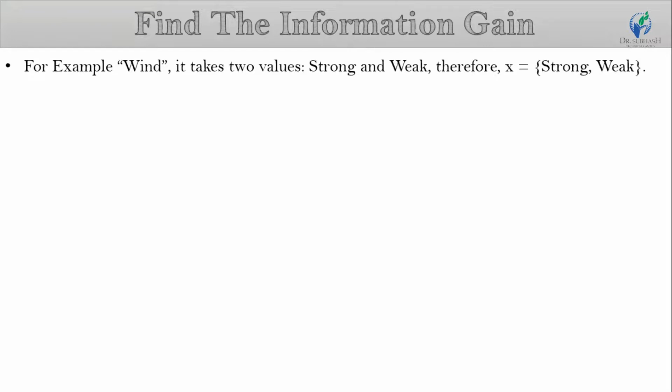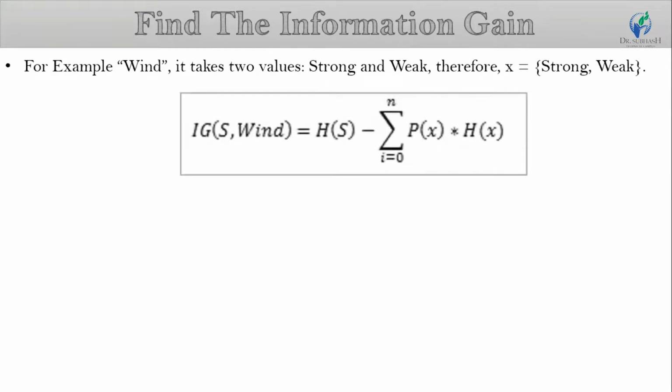Now we put these values in our equation. Information gain of S comma wind, where wind is our attribute, is H of S minus the summation of i equal to 0 to n of P of x multiplied by H of x.